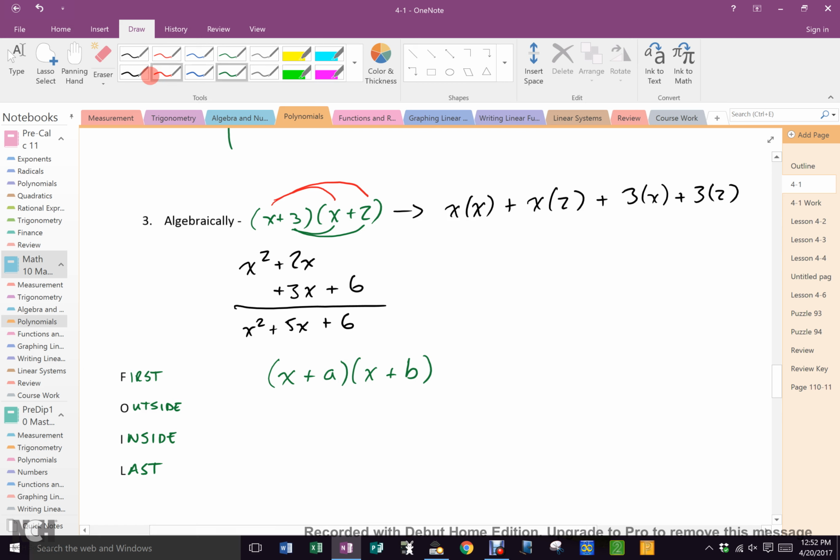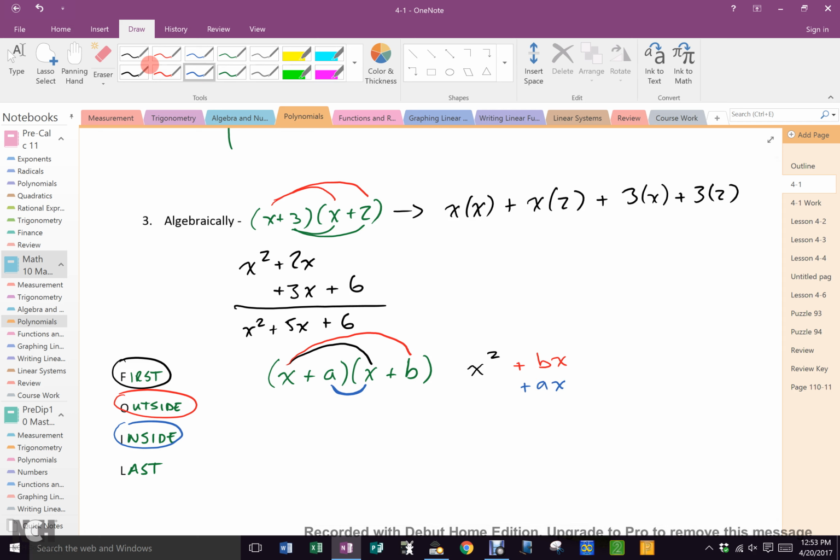First, I'm going to do that with a black line. You do the first in each term, and you write it out. X squared. Then I'll use a red line. Outsides. The outside one times the outside one, which is plus bx, yes? Then I'll use blue. The inside two, plus ax, and then I'll use, what have I not used?